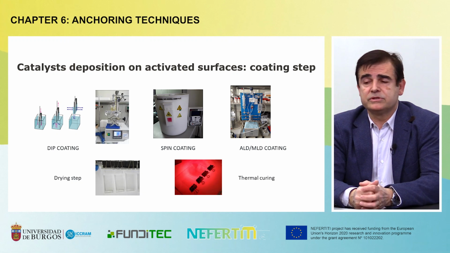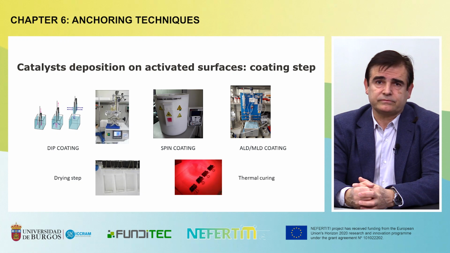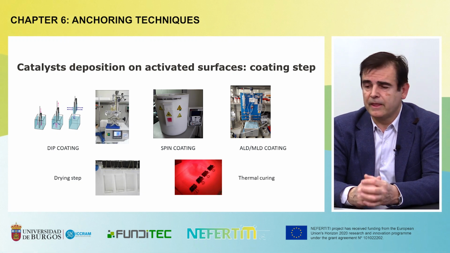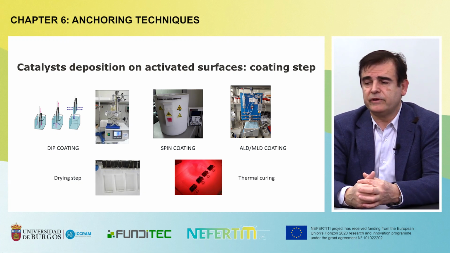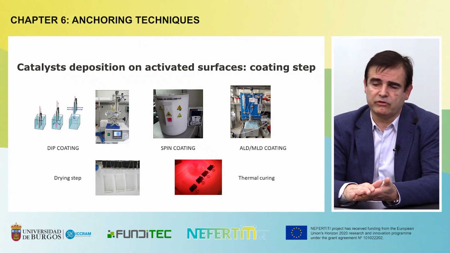There are several methods to deposit the catalyst and the anchoring element on the surface. In the dip coating method, the substrate is immersed at a certain speed in a bath containing the compound to be fixed. Once out of the bath, the solvent is removed, leaving a very thin layer containing the catalyst on the surface.